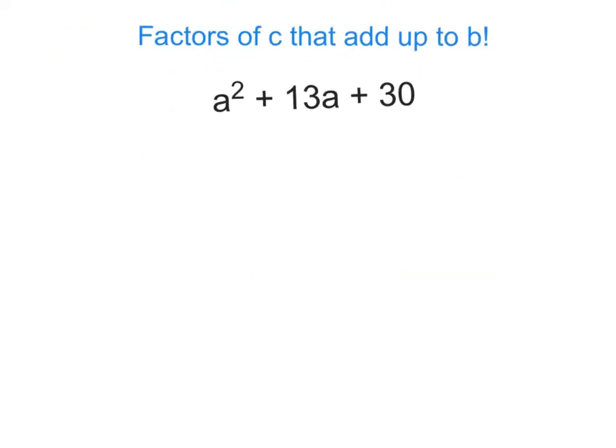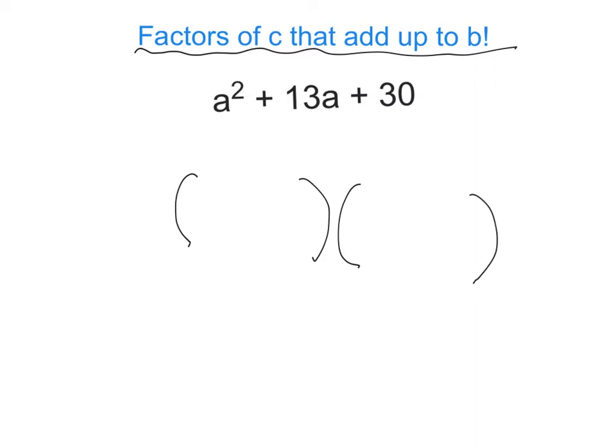Alright, so here is our first trinomial to factor. And here is the little hint: you have to find factors of c that add up to b, and that helps you fill in your binomials. So I always like to start with my parentheses. If the first term is a squared, you get that by doing a times a.